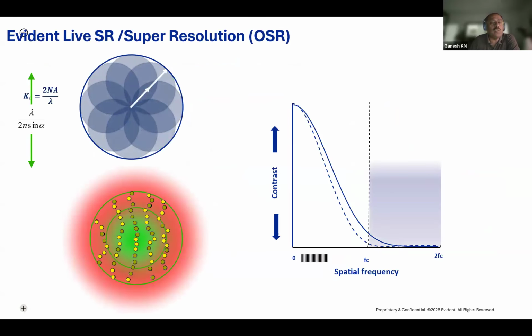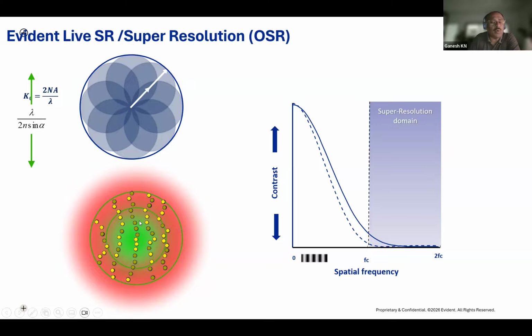We close the pinhole to 0.5 area unit. This is the information of the 1 area unit. When you close the pinhole to 0.5 area unit, you should be able to collect information that is less than 250 nanometer. It could be 180, 120, or 100 nanometer.